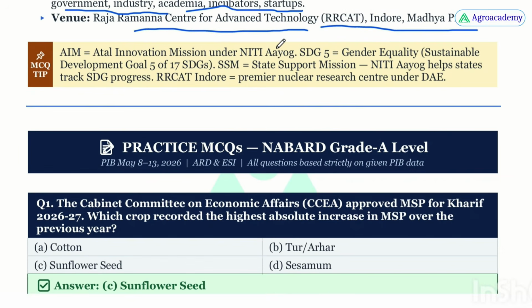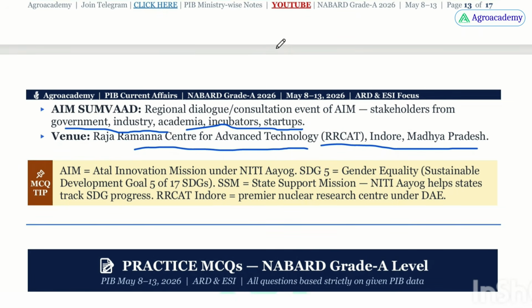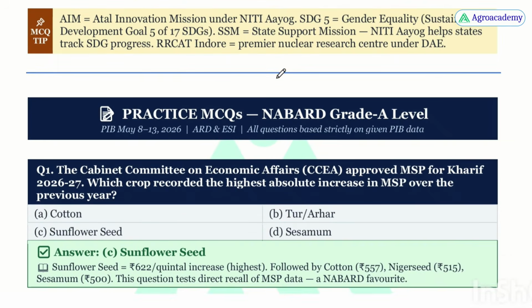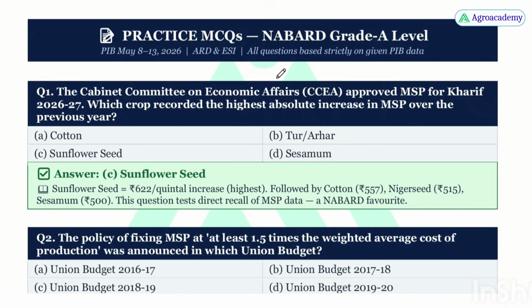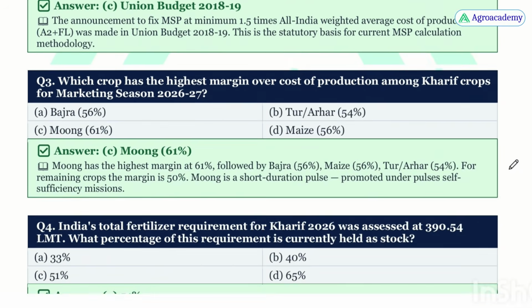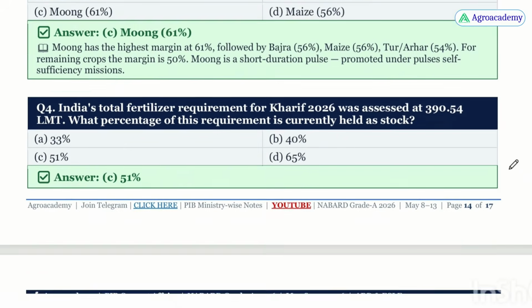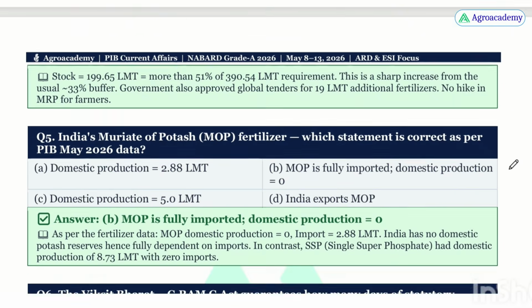Okay, so here we are just winding up the session. Some questions are there for your practice. After you go through the session and study very carefully, then you can attempt the questions, and you must attempt the questions because this will help you to solve the MCQs.